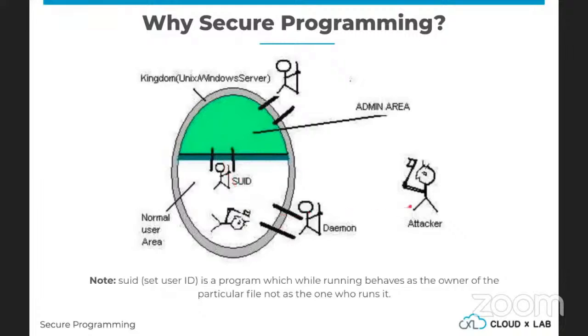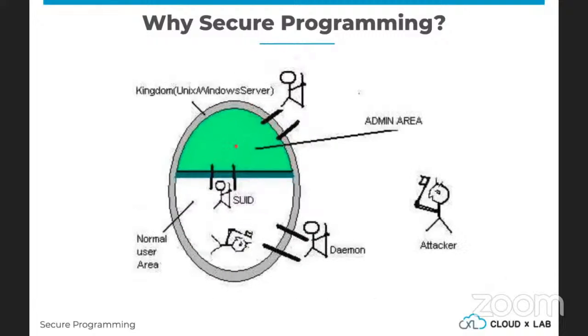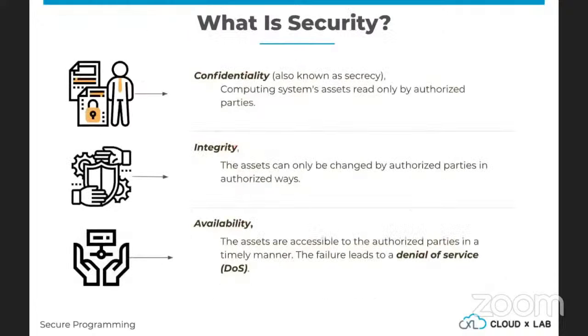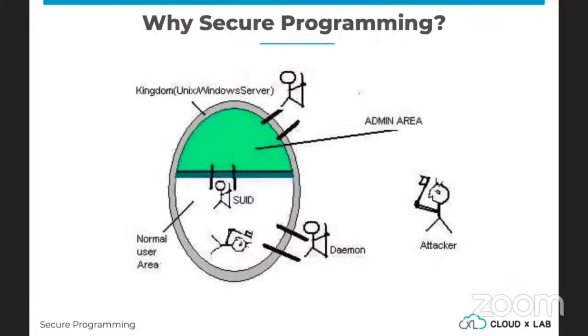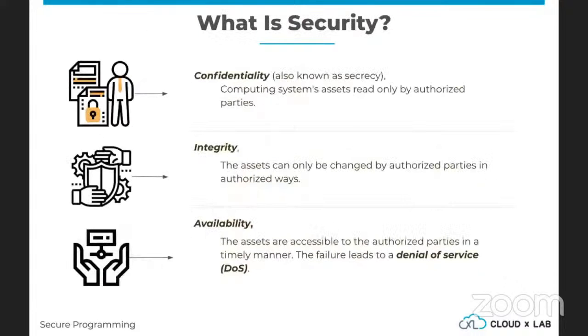So the moment you breach either this boundary or this boundary or this part, in any case, it's a breach, and it could lead to the loss of any of the three: confidentiality, integrity, and availability.